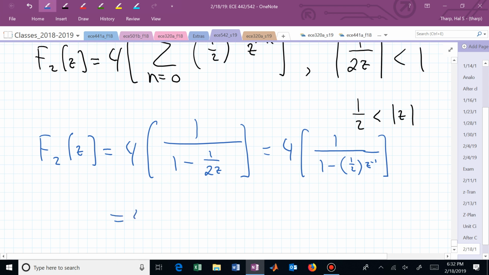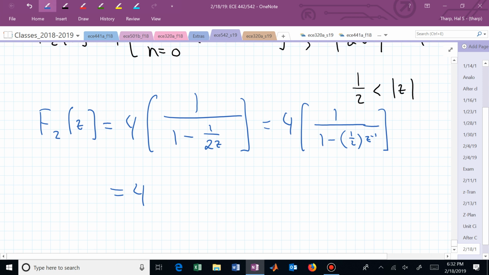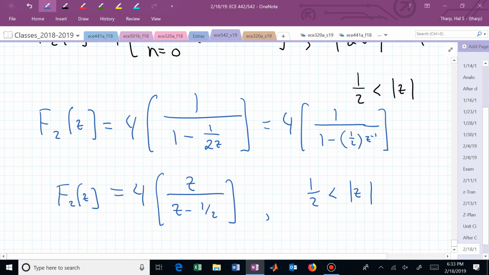Or we could multiply by 1, which is z over z, and we have z over z minus 1/2. And that's true as long as z is bigger in magnitude than 1/2.